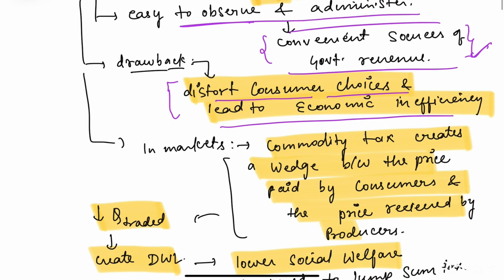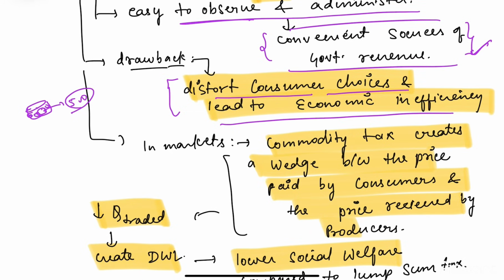Let's say you have a food basket that you buy for 500 rupees that contains essential things required for you. But if there is a tax on the food items, then that food basket, which may consist of rice or vegetables or wheat, right?